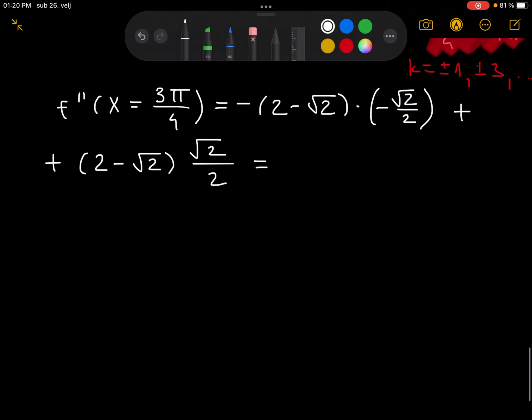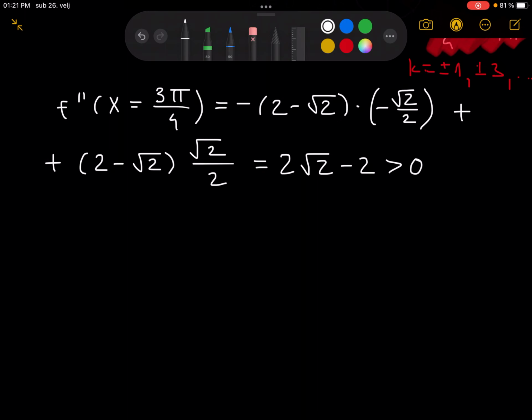Or when you do all of the math, you'll get the value that f double prime when x is equal to 3 pi over 4 is equal to 2 times the square root of 2 minus 2, which is greater than 0.